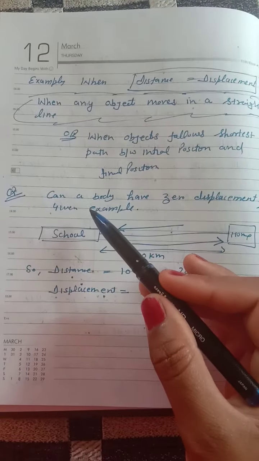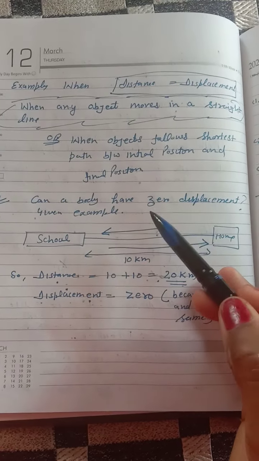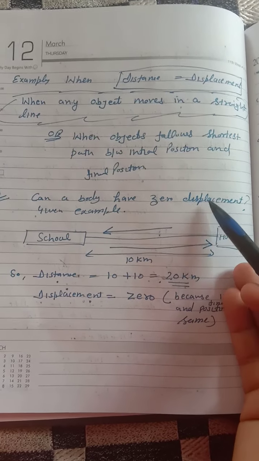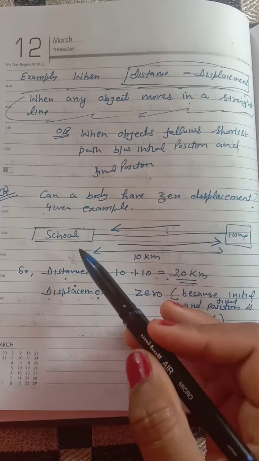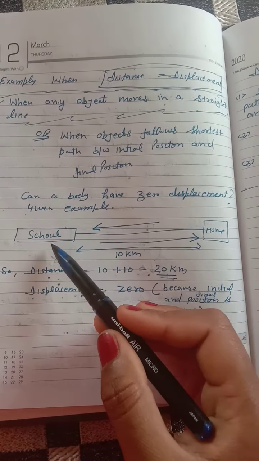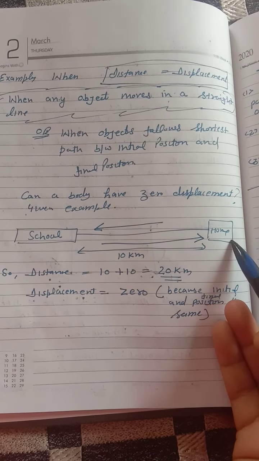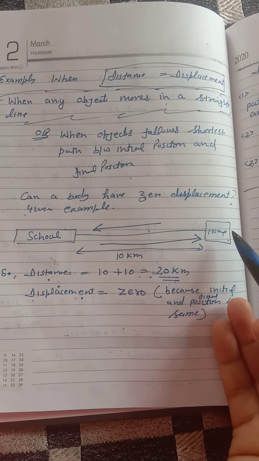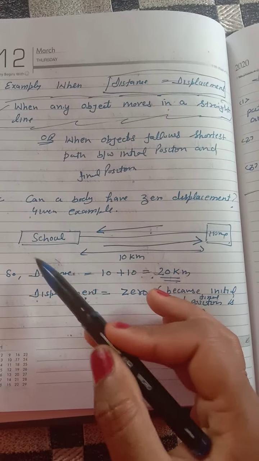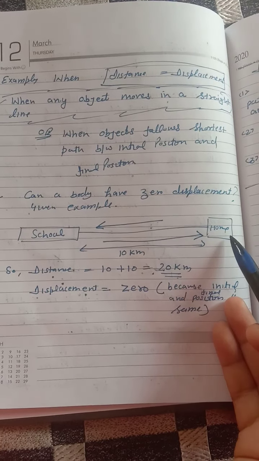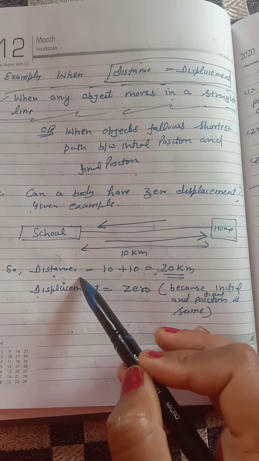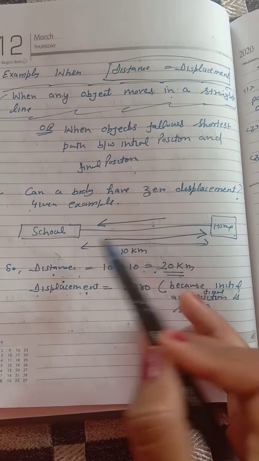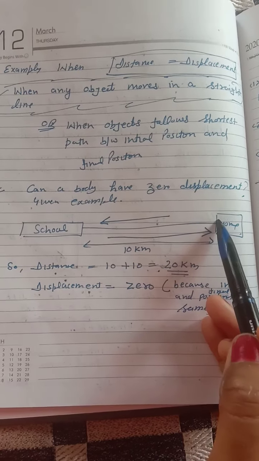Sometimes they ask the question: can a body have zero displacement? Give an example. So you can write that yes, a body can have zero displacement. For example, when we go from home to school and again come back home, and the distance between home and school is 10 km, the distance will be 10 from home to school and 10 from school to home.